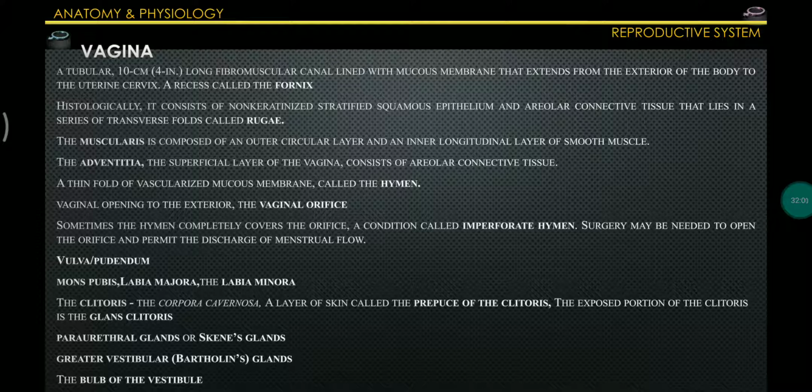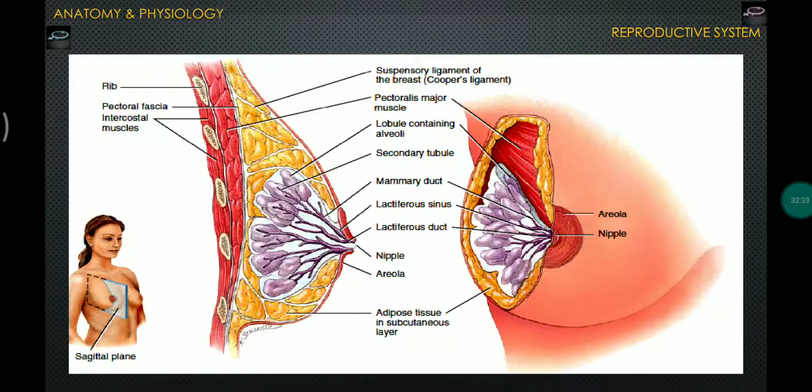The clitoris is corpus cavernosa covered by a layer of skin called the prepuce, which is similar to the prepuce of the male reproductive system, and a glans penis-like structure called the glans clitoris. And we have glands like the Skene's glands and bulbourethral glands, and these two glands help in the lubrication of the vagina during copulation.